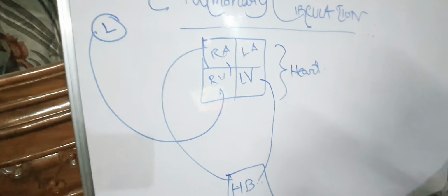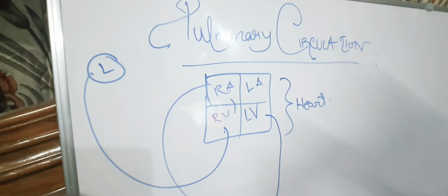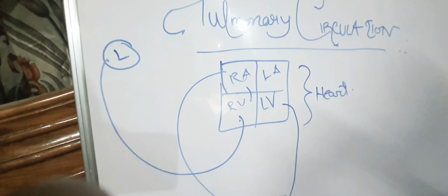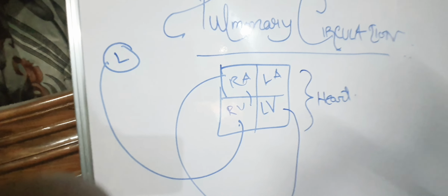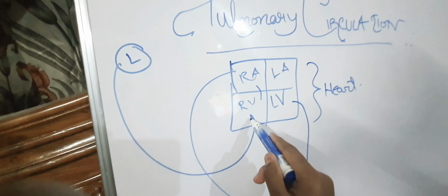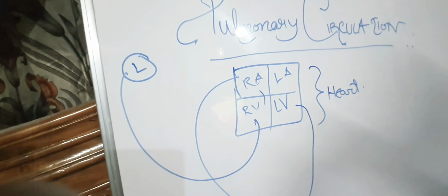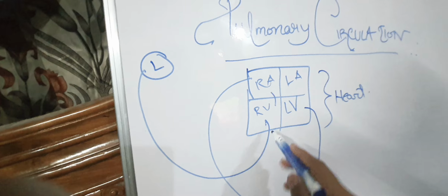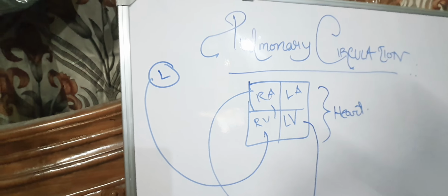What I have told you in the last video was that the blood vessel which carries blood away from the heart is called artery. But artery generally transports oxygenated blood. But what about this blood vessel, which carries the blood away from the heart but still carries deoxygenated blood?